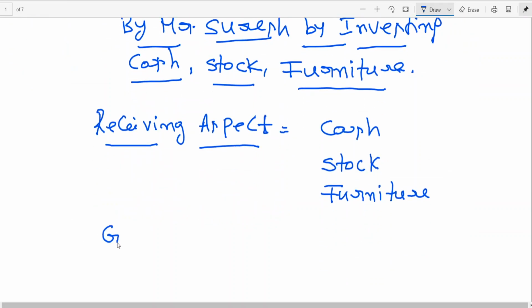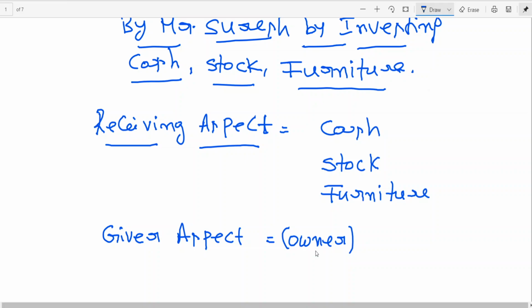Now, the giver aspect. Who is the giver? Suresh. Suresh is nothing but the owner, the proprietor. You need not mention the name of the proprietor because it's only one man. Obviously, we prefer to use the term capital. If we have more than one person, say Suresh and Naresh, then we need to use Suresh capital, Naresh capital, like in a partnership.